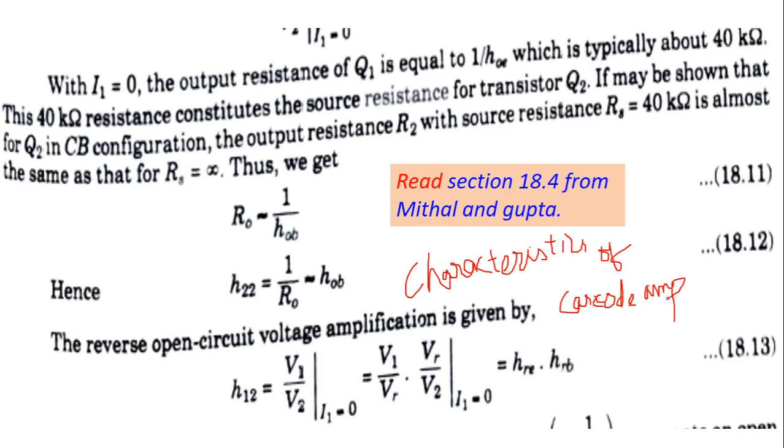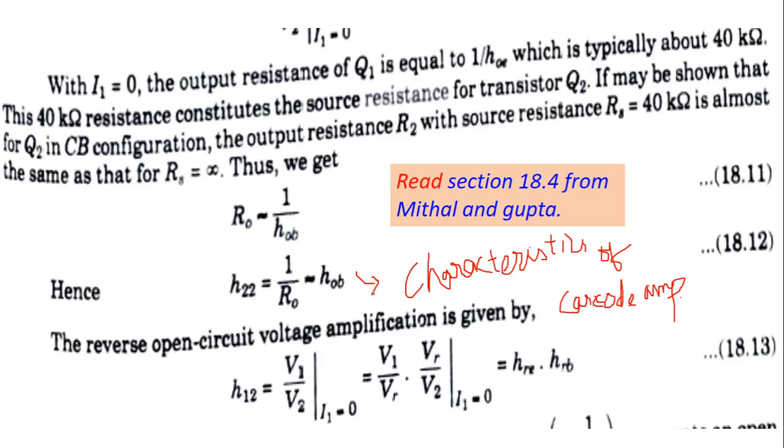points, the characteristics. This will include all the points that may be taken as a merit point or a demerit point, so those may be an advantage or a disadvantage. What I mean is, what are the important characteristics regarding this Cascode amplifier?